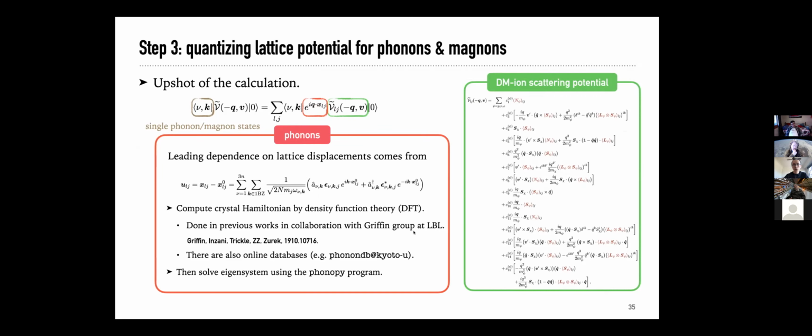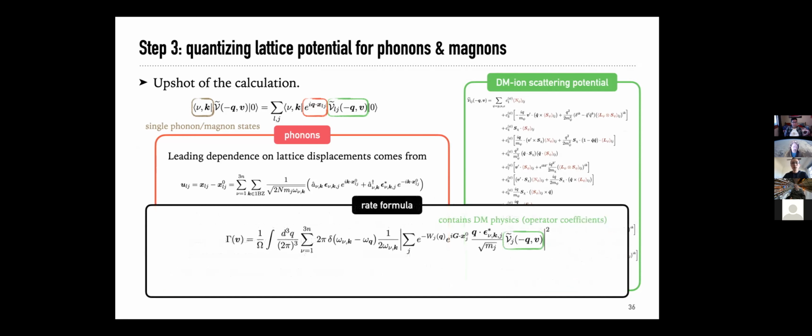Afterward, we can use that as input to solve for the eigenvalues omega and eigenvectors epsilon. This is just an eigensystem problem, and we use the Phonopy program, which is an open source program for that calculation. With all these technical tools, we can get all the quantities involved in this equation.